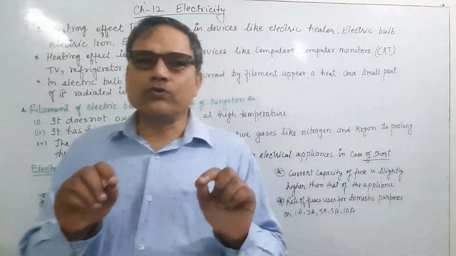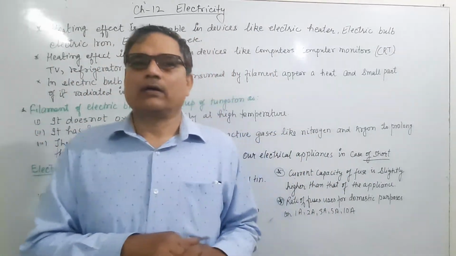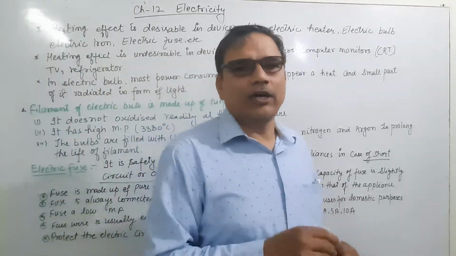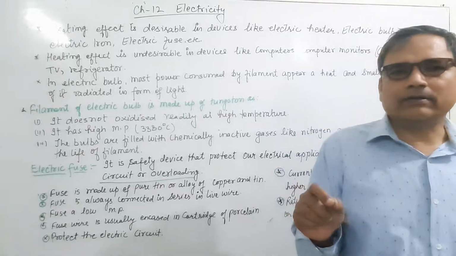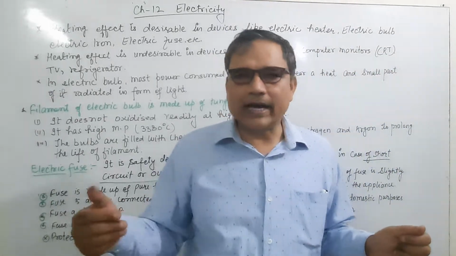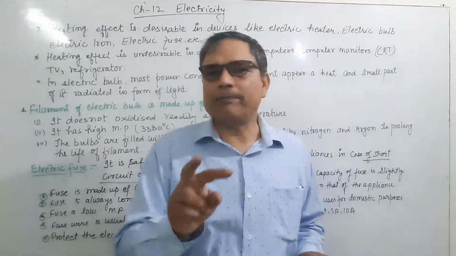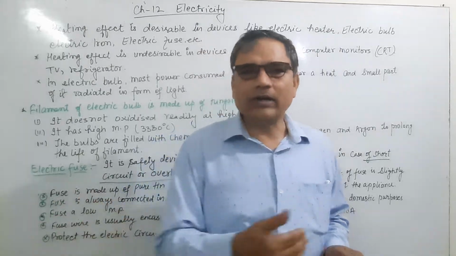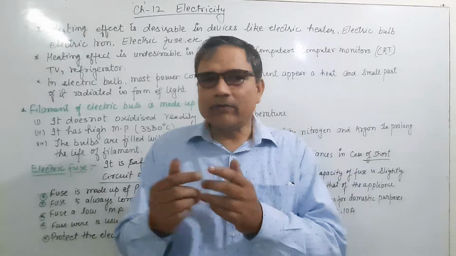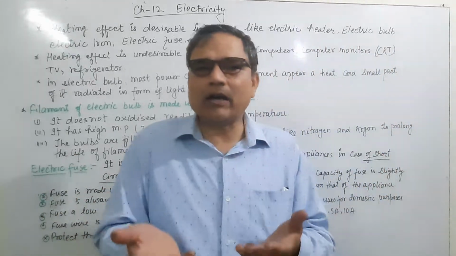And the fuse wire is made up of an alloy having a very low melting point. If we use a fuse of 2 ampere or 3 ampere and the current exceeds its limit, when we increase the current, then automatically what will happen?